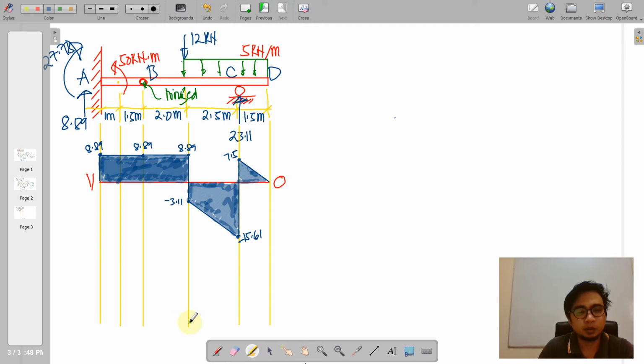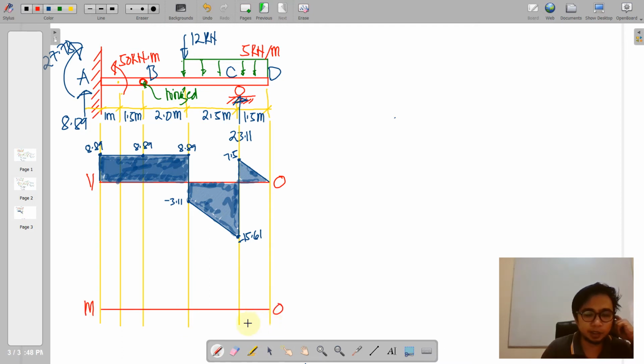So moving on to our moment diagram. See, this is the moment line. So starting from left to right, at A, we have an initial couple equivalent to 27.78, and that is a positive bending.